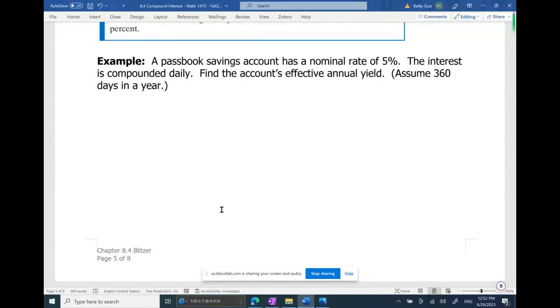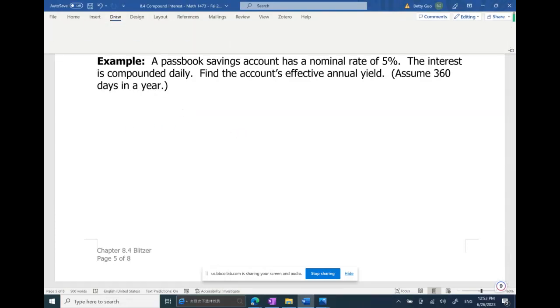Example, a passbook savings account has a nominal rate of 5%. That is the R. The interest is compounded daily. Find the account's effective annual yield. Assume 360 days in a year. Okay, so let's organize the information we have.